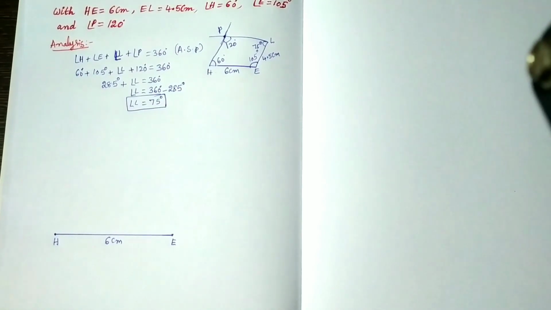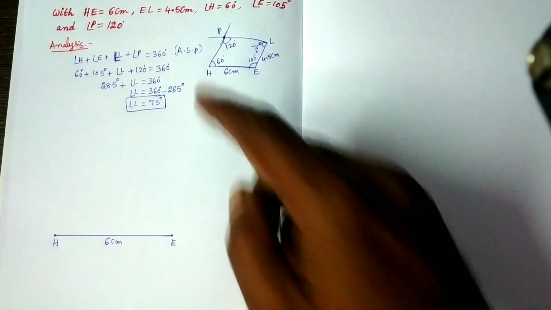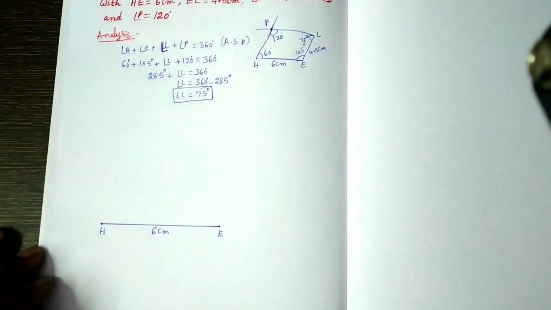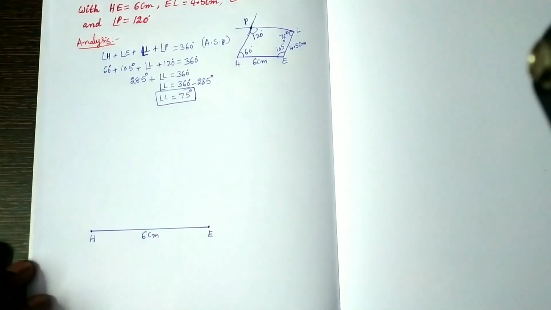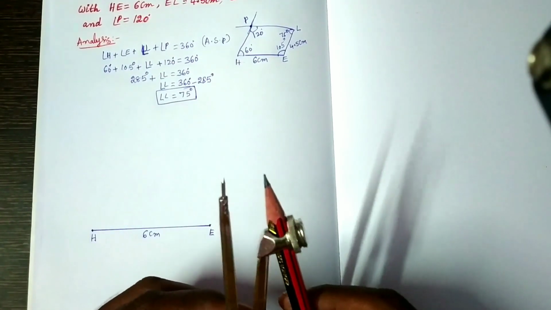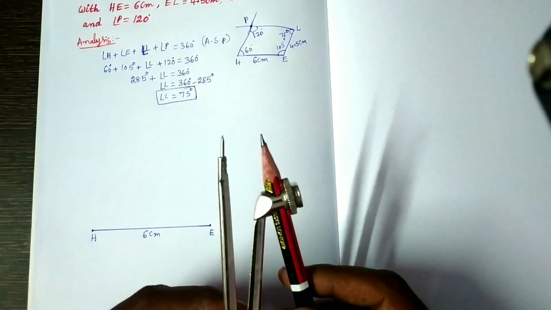See, angle H is equals to 60 degrees. How can we construct? See, take some measurement with the compass. No need to measure this one.